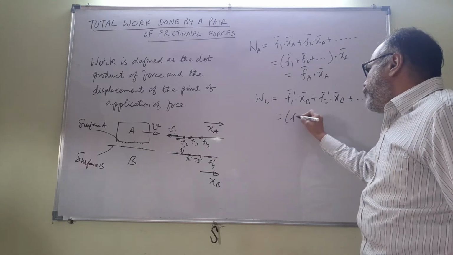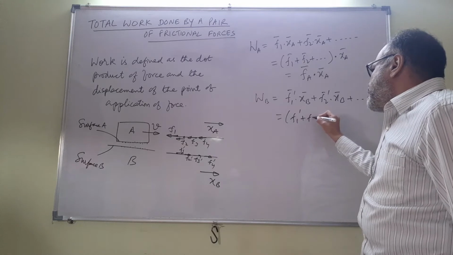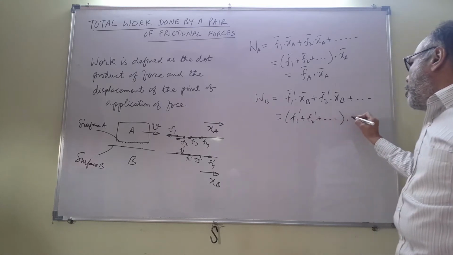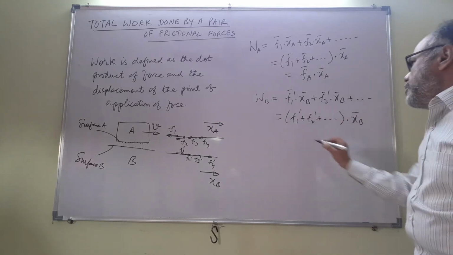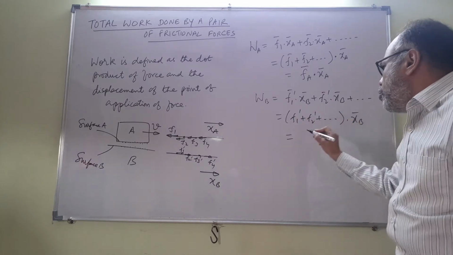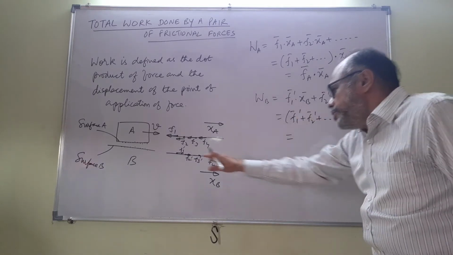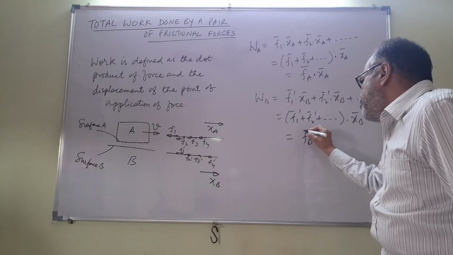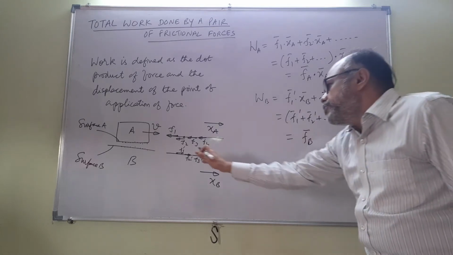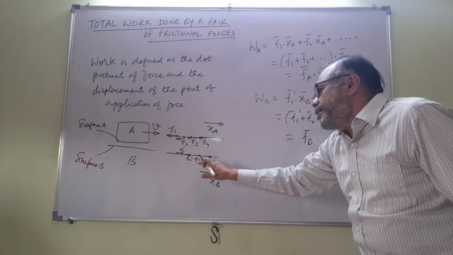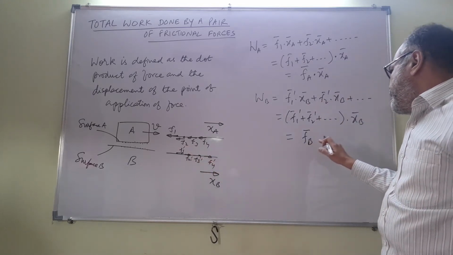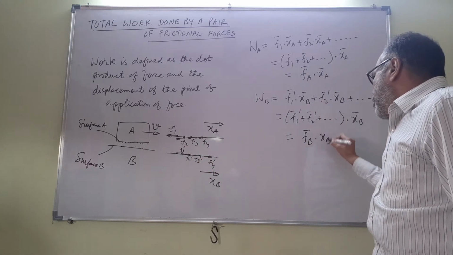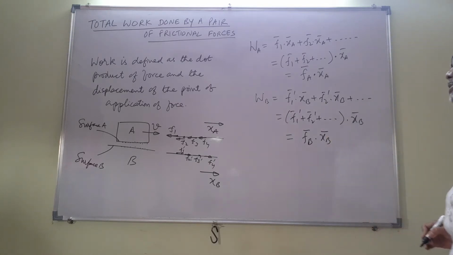So this would be F1 dash plus F2 dash and so on, dot XB. This is nothing but the total frictional force on the surface B. We will call that FB, the total frictional force F1 dash plus F2 dash plus F3 dash etc. FB dot XB is the total work done by the frictional force on the surface B.